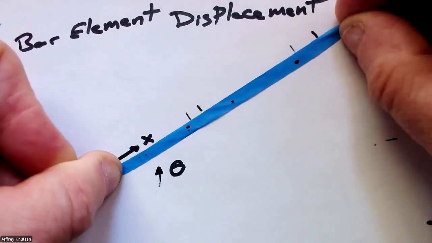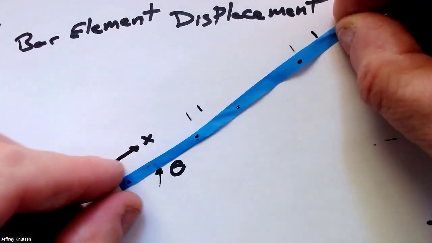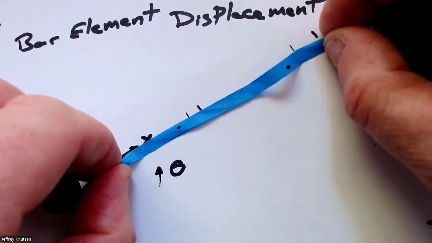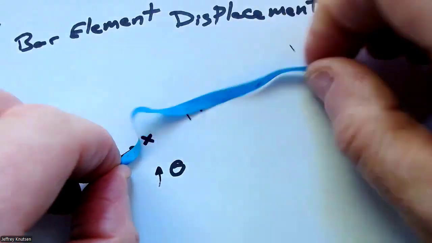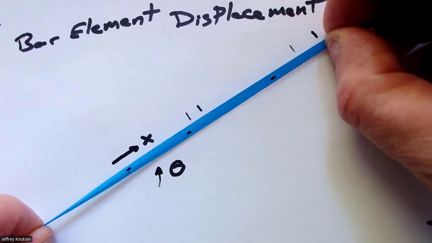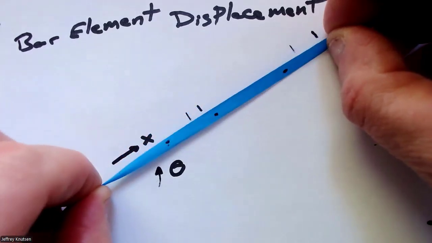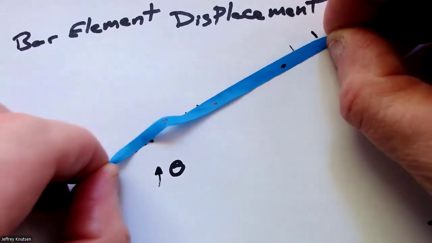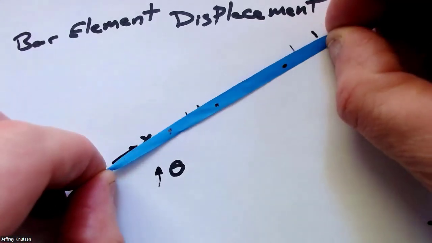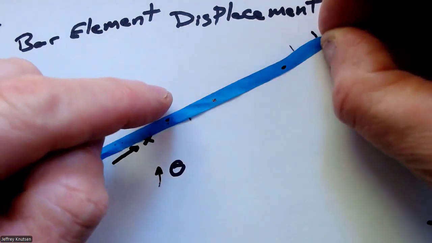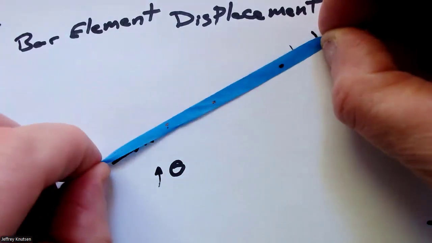Another thing to think about is, maybe instead of node 2 being displaced in the positive x direction, node 1 is displaced in the negative direction. The thing to think about is how the displacement of the element changes as I displace node 1 in the negative direction. The thing to pay attention to here is that if I make that displacement, this dot doesn't displace as much, and in regions down here, the displacement is larger.